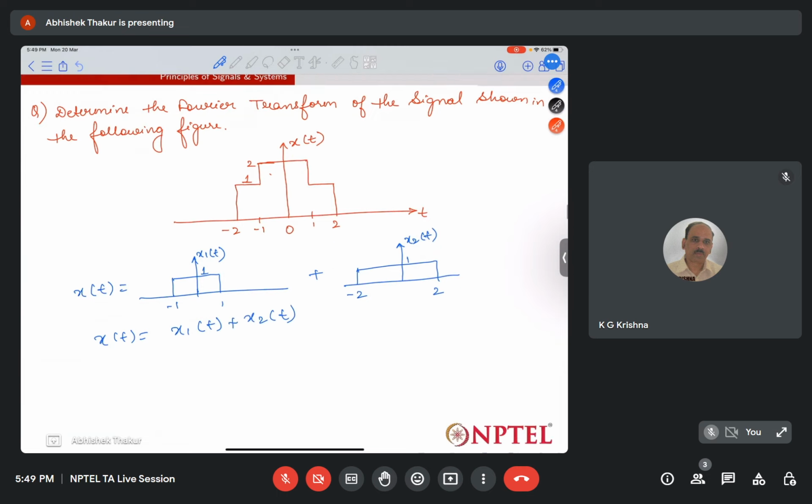You can see here, from minus 2 to 1 it will be 1, and from minus 1 to 1 it will be 1 plus 1, that is equal to 2. So we can write x(t) as a rectangular function of t by 2, the duration is 2 here, plus a rectangular function of t by 4, the duration is 4 here.